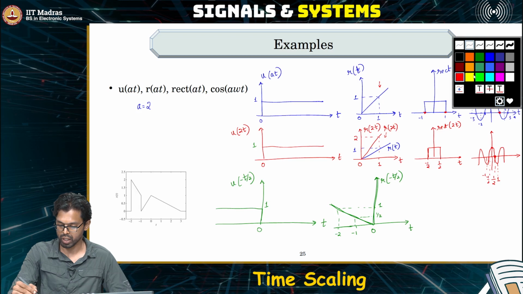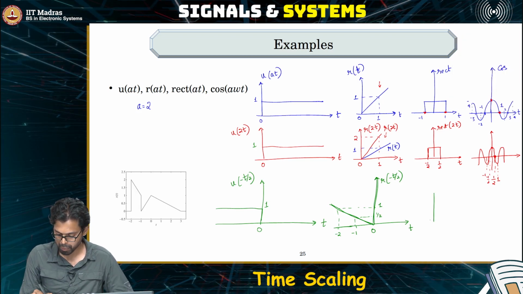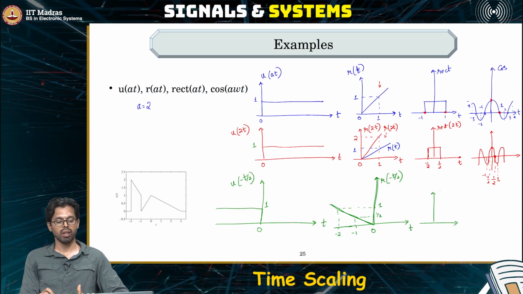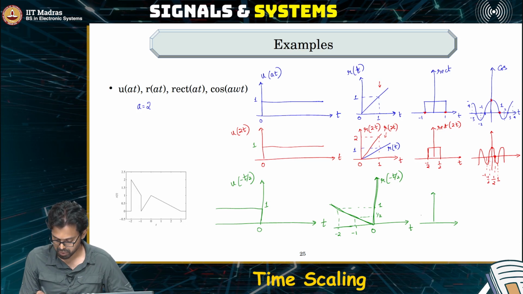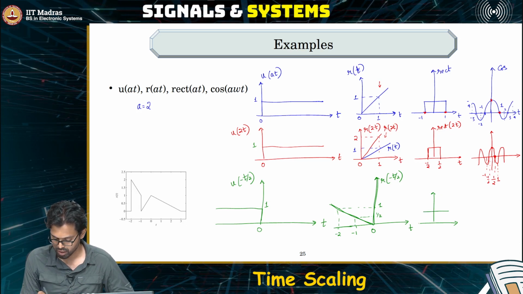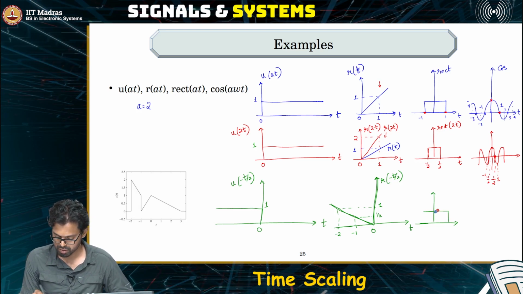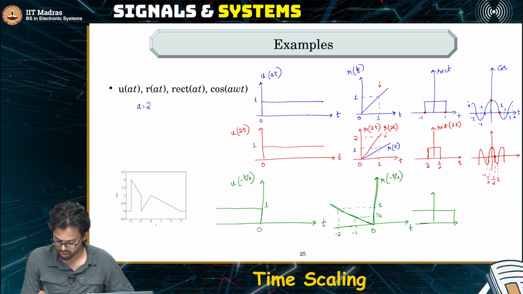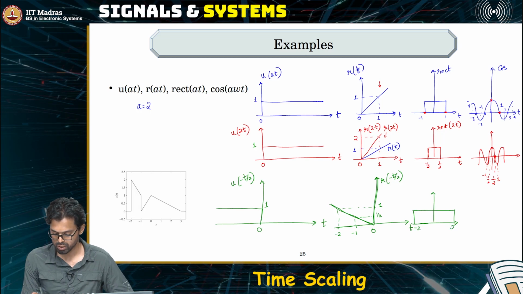Now let's see what happens when something interesting happens for these two functions when a is negative. When a is negative, you still get the same shape here, right? But then the signal expands. Okay, so this is minus 2, this is plus 2.